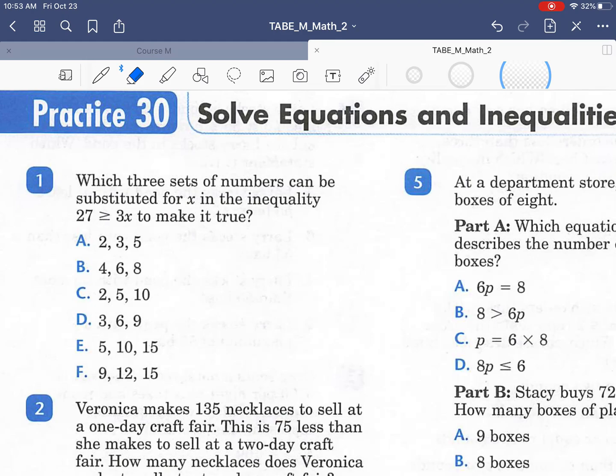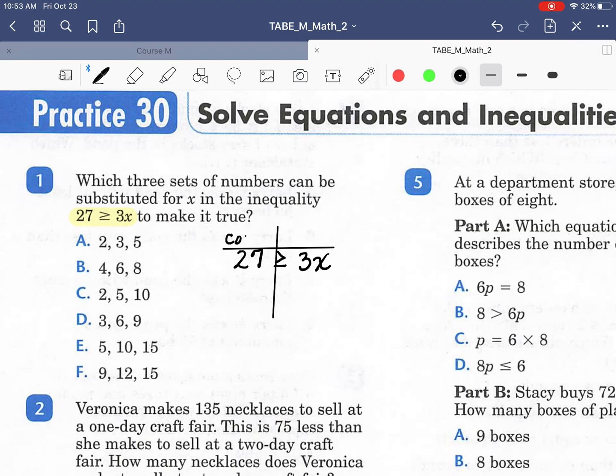Number 1. Which three sets of numbers can be substituted for x in the inequality to make it true? Now, I could just substitute numbers in there, but it is much faster to solve the inequality. We know how to do that. It's actually a pretty short solution.